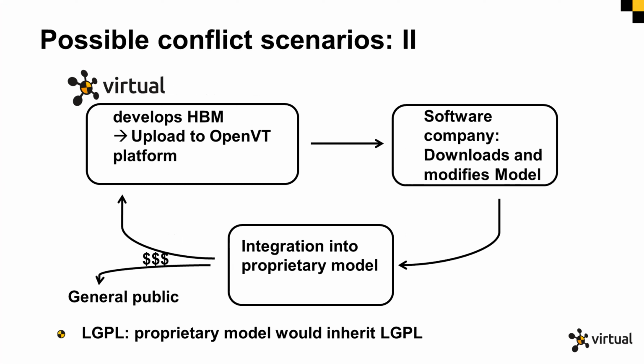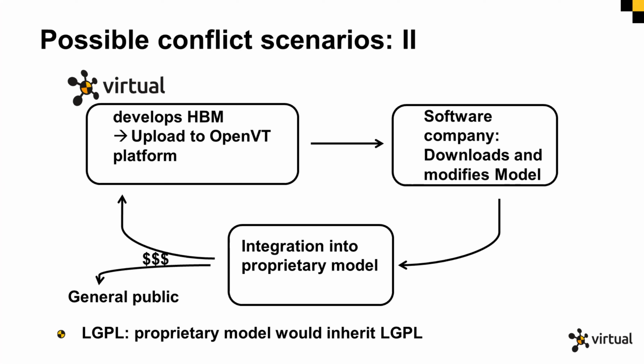actually some company takes the results produced by Virtual, that is our human body models, for instance, on the OpenVT platform. Now they would take that model, modify it, make maybe a better version of that, integrate that into a proprietary model, and then distribute that, sell that to the general public.